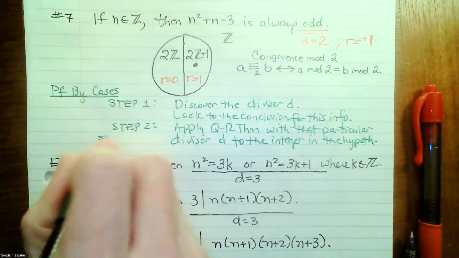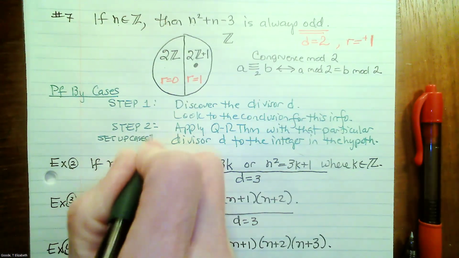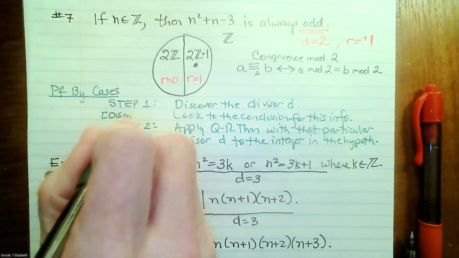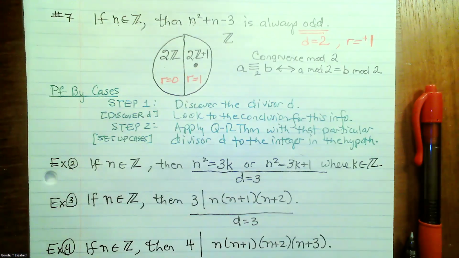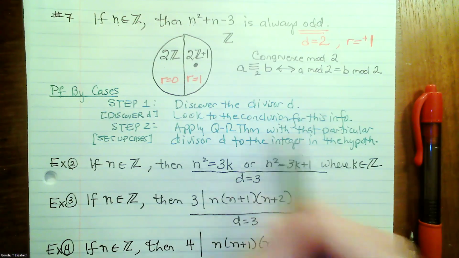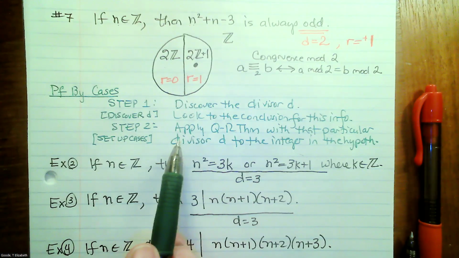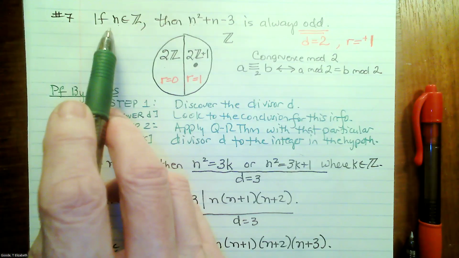In other words, set up the cases, as opposed to discover D, which is the first step. You can't really set up the cases until you figure out what D the cases are going to be based on. But the point is, n could look like 2q if it's even, or n could look like 2q plus 1 in the case that n is odd.